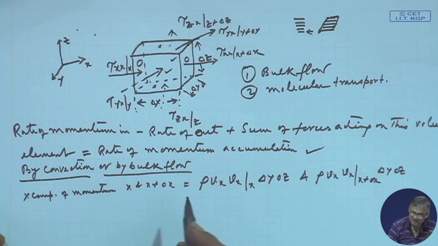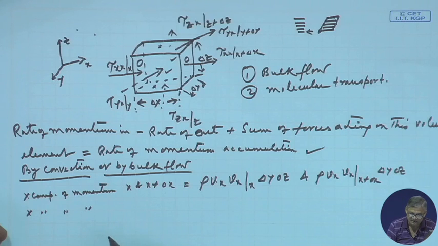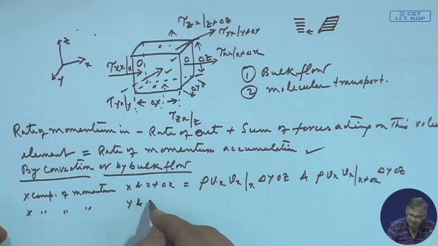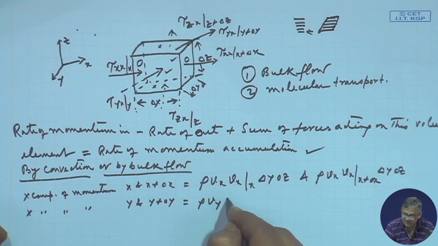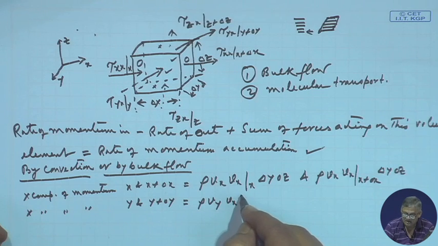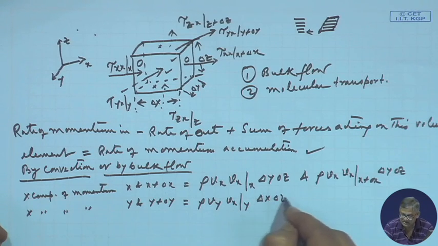So, similarly we can also write the x component of the momentum acting on the faces y and y plus delta y. This can be written as rho v y due to the x component at the face y, times the area, what is the area, del x del z.